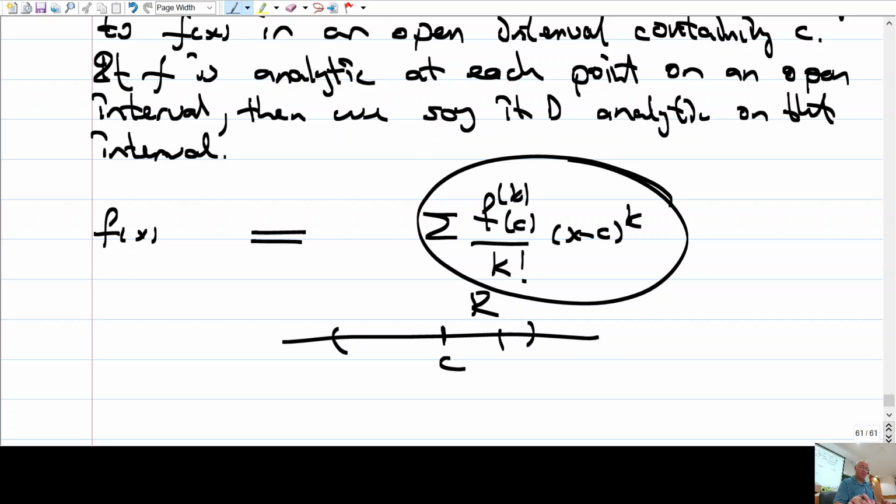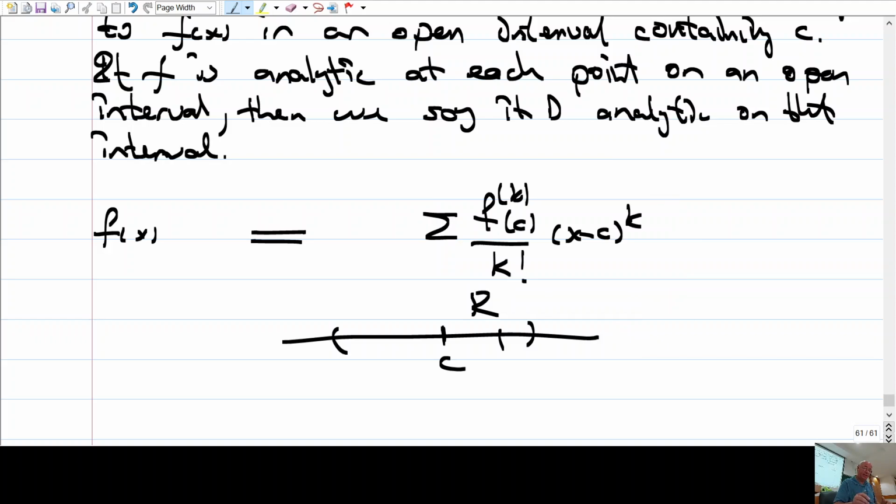Why are these important? You see, why this is a great thing for a function. All these coefficients are computed at a single point, at the point c, right? But then you can plug any number you want in this interval and you compute this function from this object.